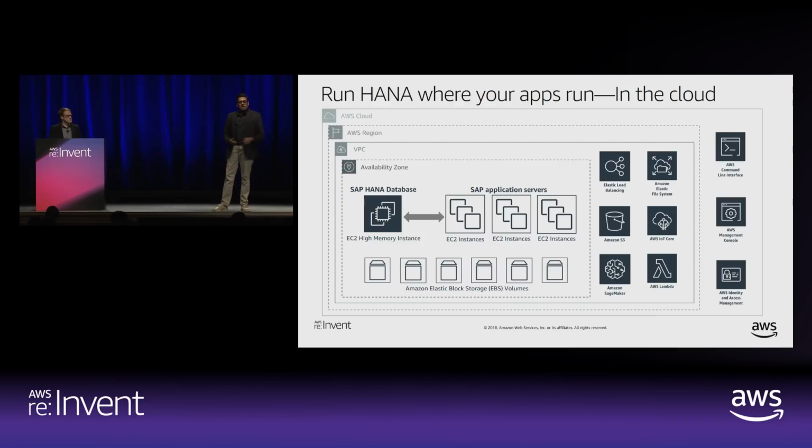With the EC2 High Memory instance, you get that Dedicated Host and the EC2 High Memory instance within your VPC, within the same availability zone, along with the Elastic Block Store volumes, where you're running everything else in your SAP landscape. So now you have this easy out-of-the-box connectivity between your HANA database and your application servers.